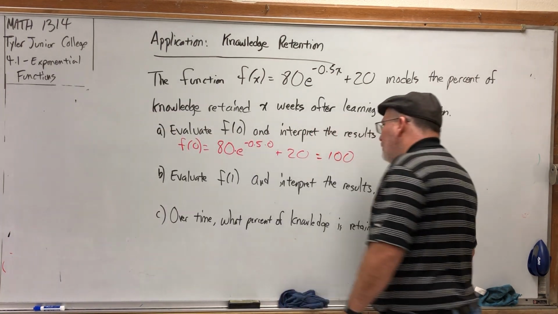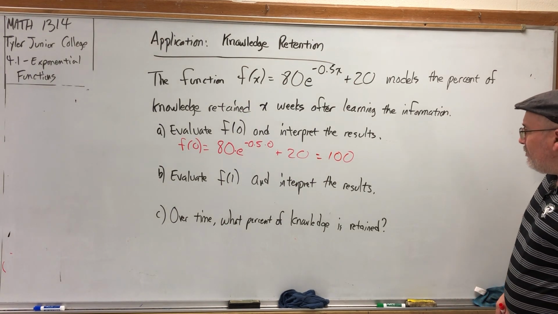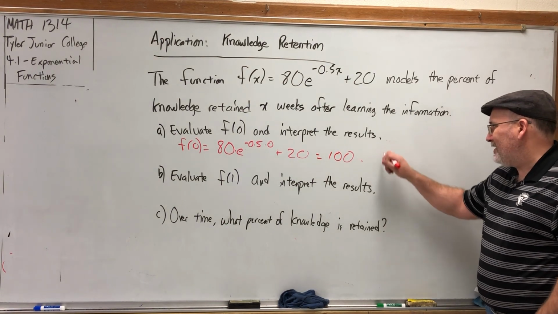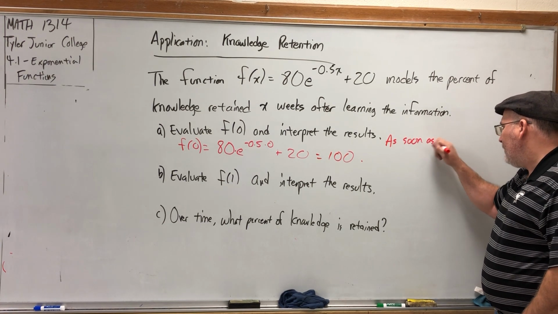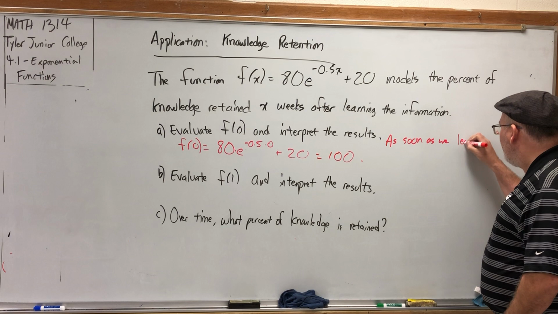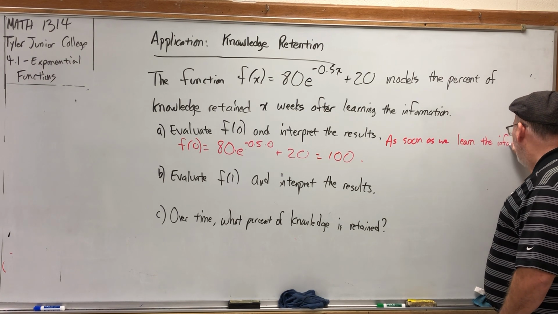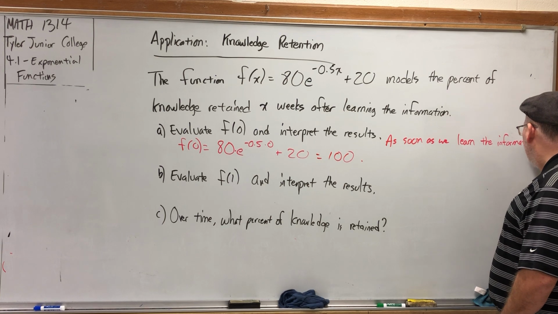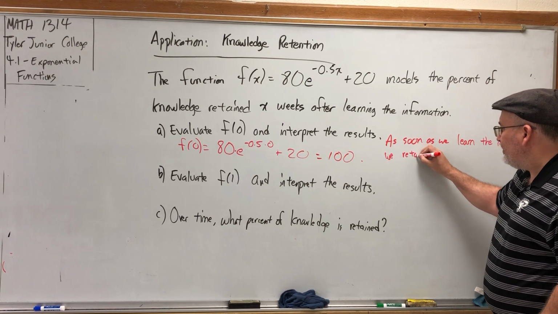So what does this 100 mean? Well, if x is the number of weeks after learning the information, then we would interpret this by saying, as soon as we learn the information, we retain 100% of it.